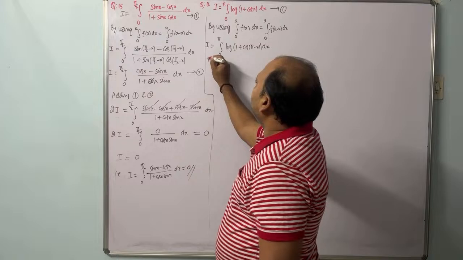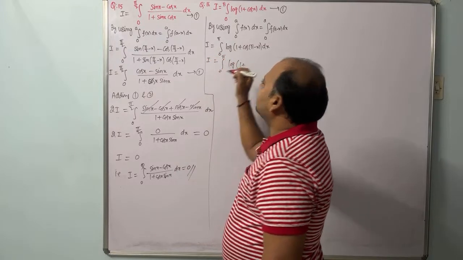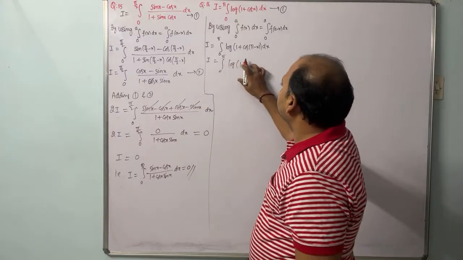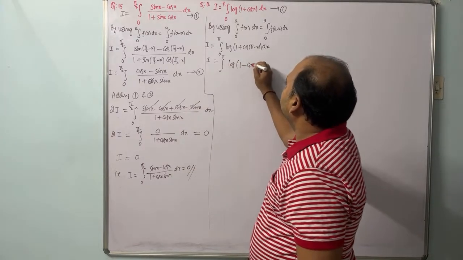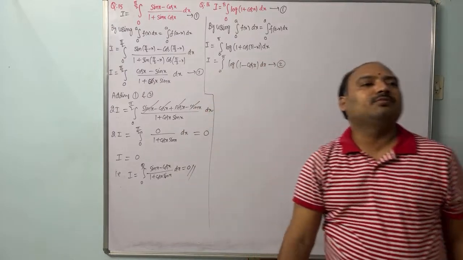So this will become I equals 0 to pi of log of (1 plus cos of (pi minus x)), which is minus cos x, so 1 minus cos x, dx. Keep it as equation number 2.